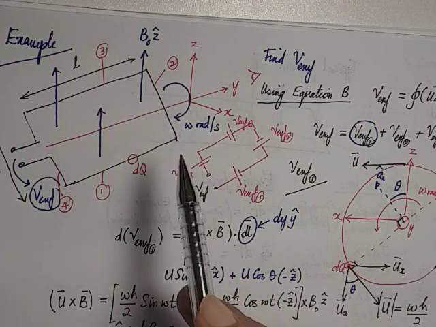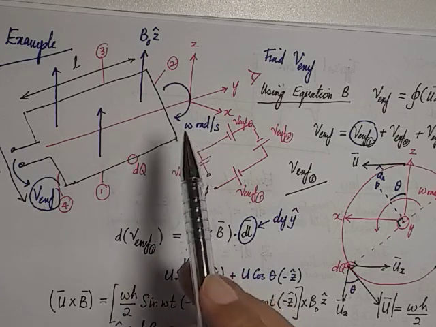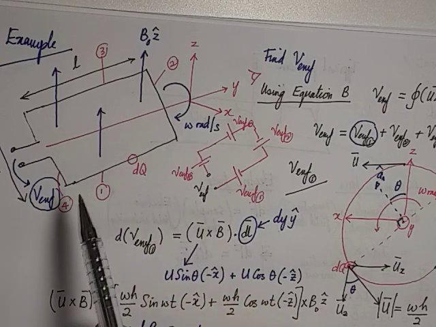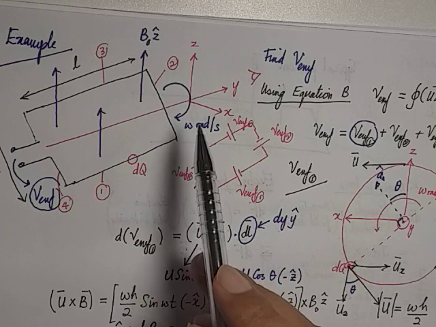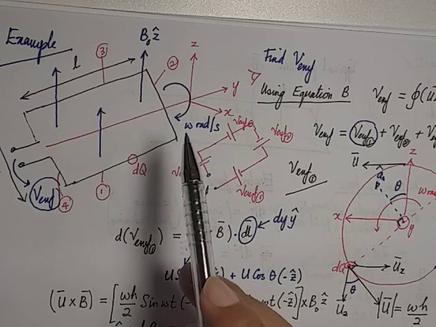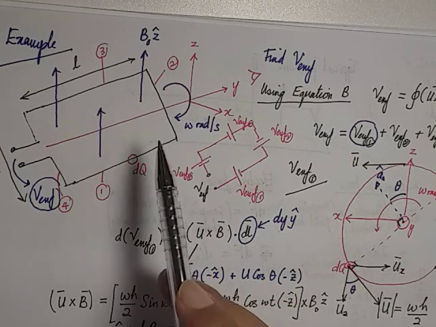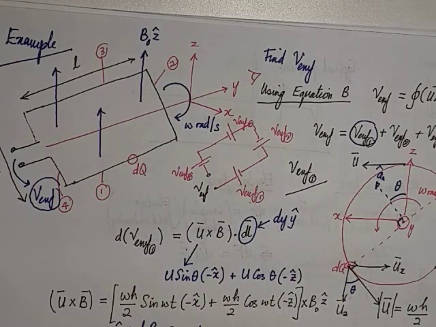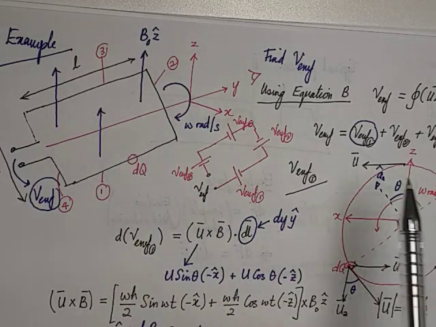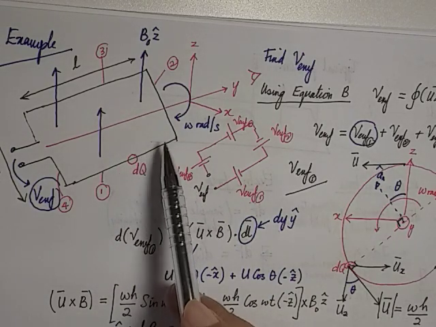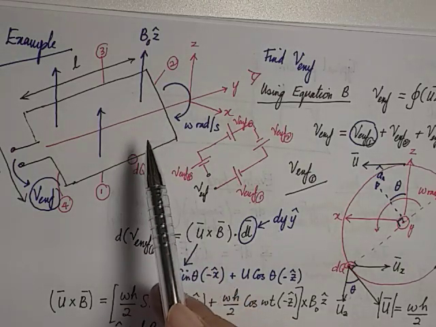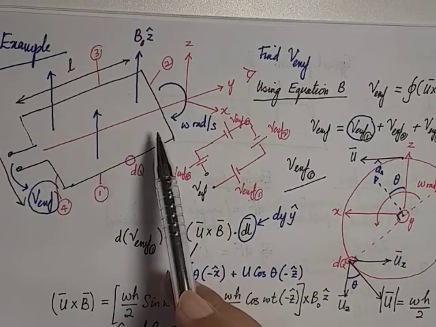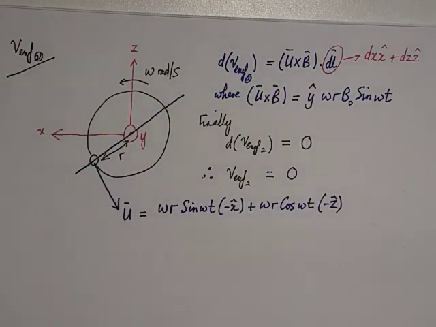That's what we proved here. So when you look into a practical generator, the length is very, very long, because we have proven here that the width structure does not generate any induced EMF.